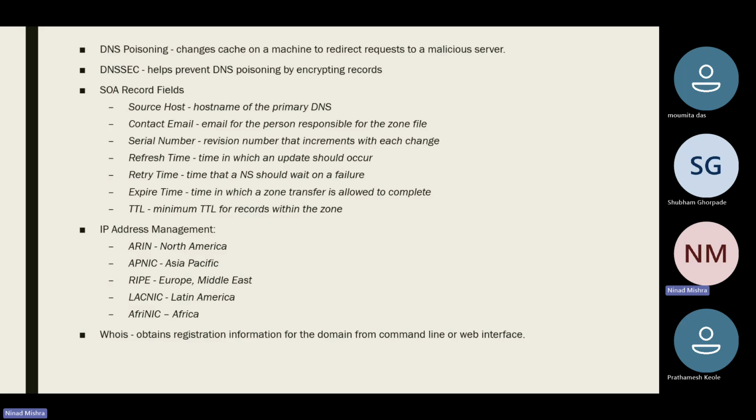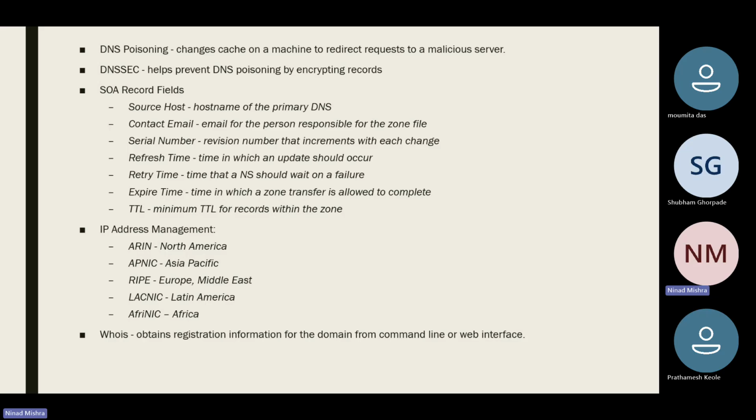DNS poisoning is where, if you perform it, it changes the cache on a machine to redirect requests to a malicious server. Whenever you enter any website, let's say Google, the first time it will probably take some time.